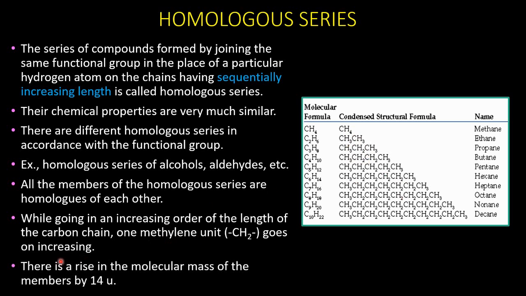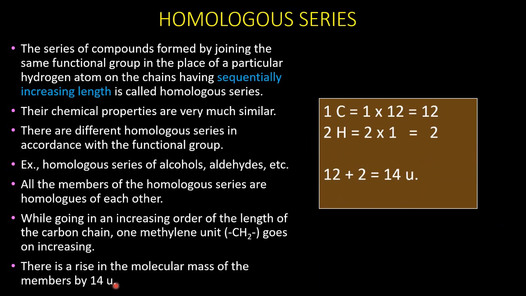And there is a rise in molecular mass of the members by 14 Daltons. How is it 14 Daltons? If you see, they differ by 1 CH2 group. It means that 1 carbon with atomic mass 12 and 2 hydrogen atoms present, the sum becomes 14 Daltons.